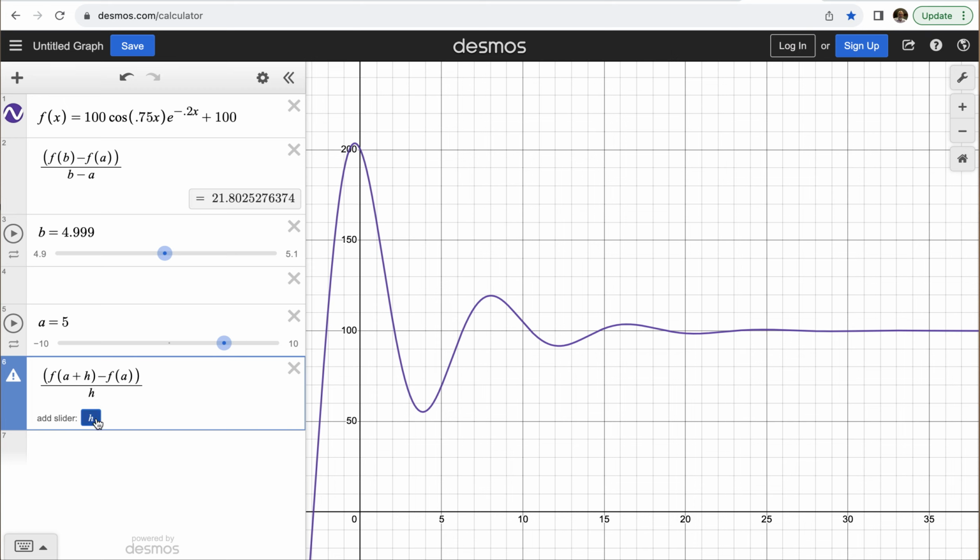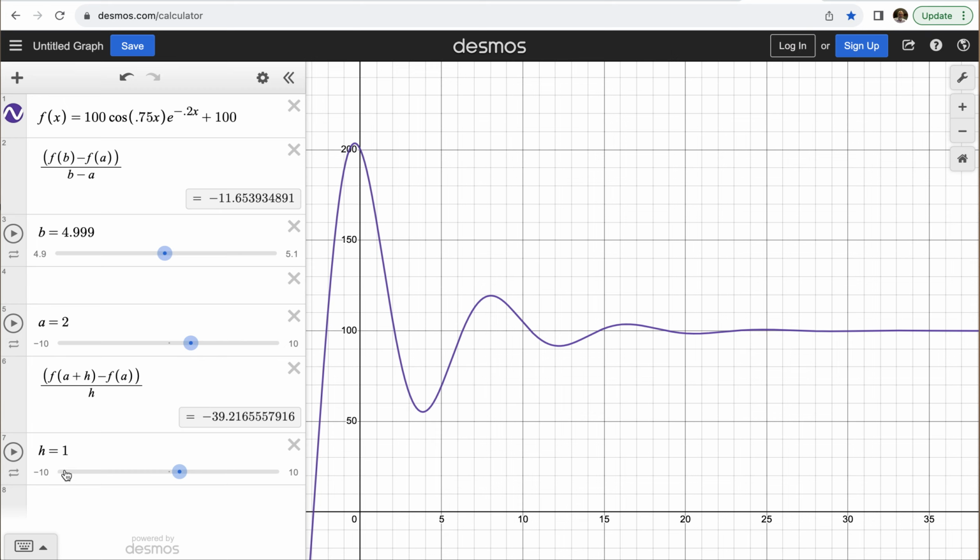Now this is more convenient for figuring it out at two different places. There's an a here, but it's using the same a as I had here. So if I want to know at 2, I would go back here and put this on 2. And I need a slider, and I want h to get close to 0.